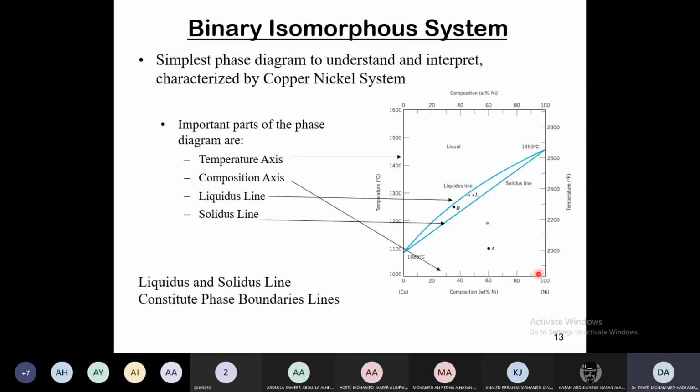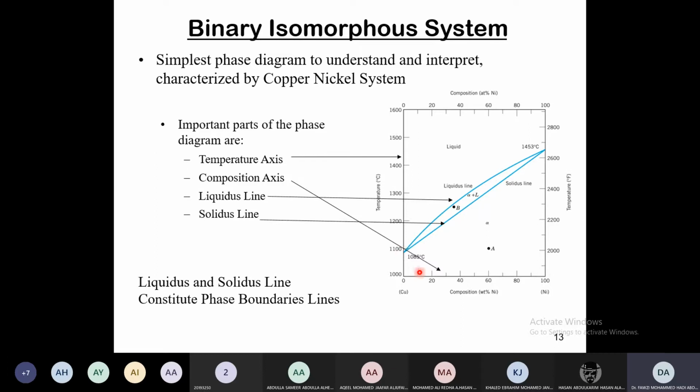So as you could see, how do pure metals behave? When they transform, or they melt, actually the melting or solidification occurs across a single point.